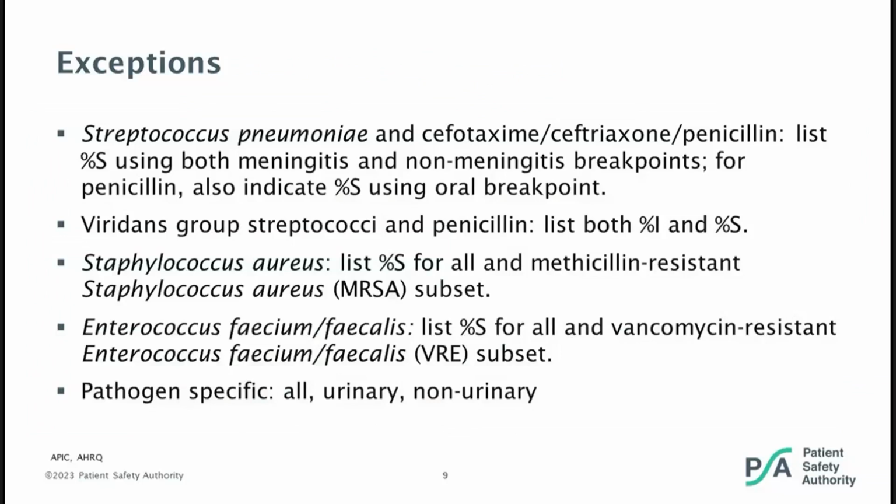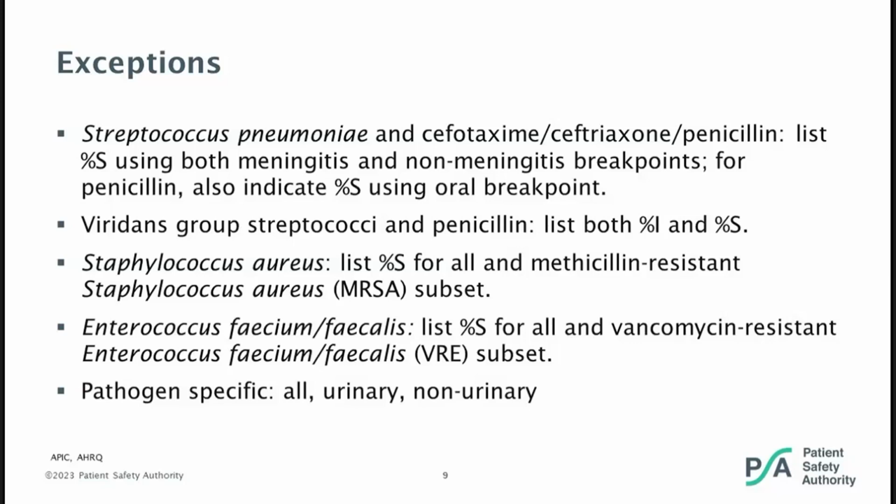So Streptococcus pneumoniae and cefotaxime and ceftriaxone, penicillin, you're going to list the percent susceptible using both meningitis and non-meningitis breakpoints. And for penicillin, also indicate the percent susceptible using an oral breakpoint. Viridans group Streptococci and penicillin, you're going to list both the percent intermediate and susceptible.